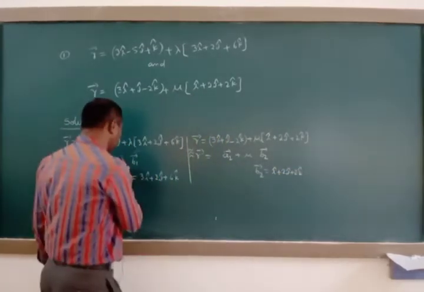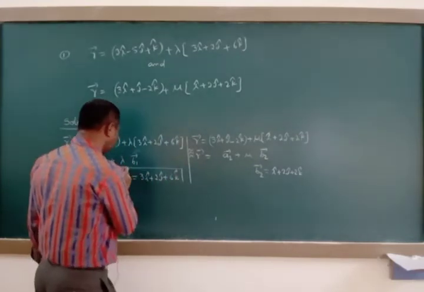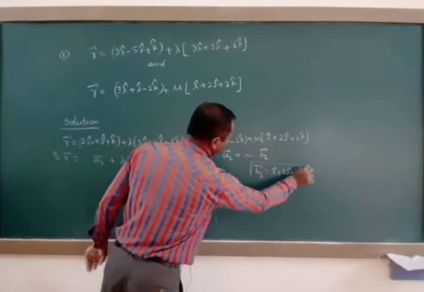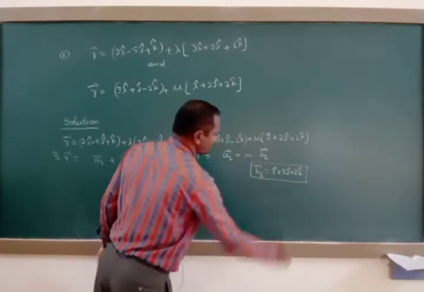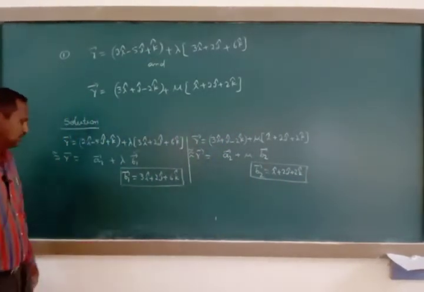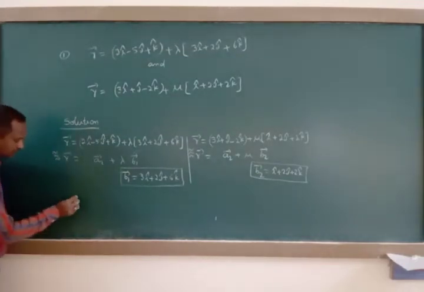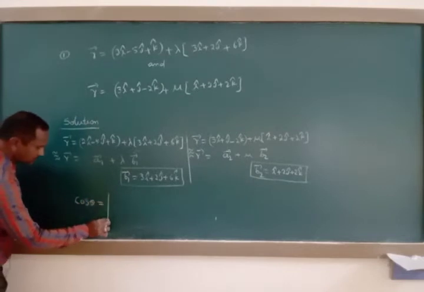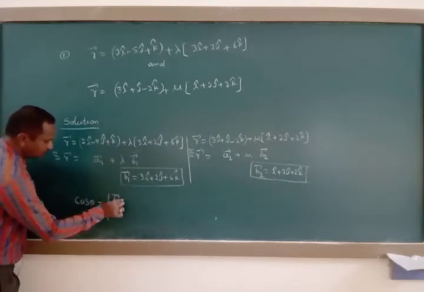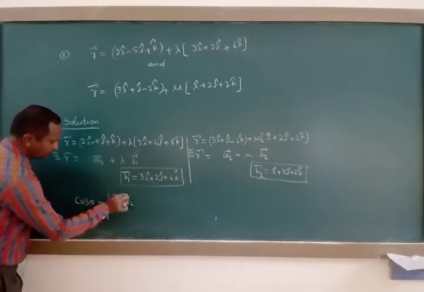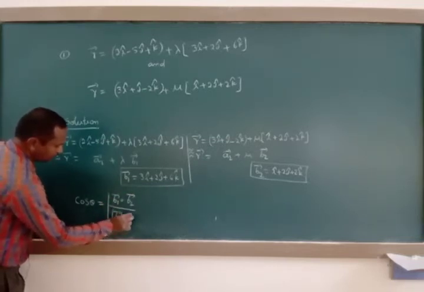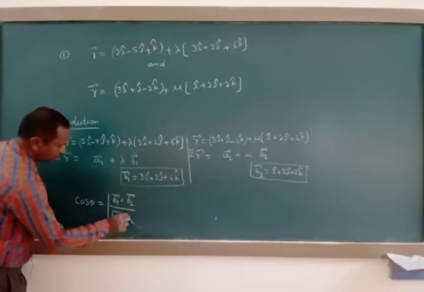With the help of these two vectors, we are going to find the cosine of the angle between the two lines. The cosine of the angle is given by cos theta equal to modulus of b1 vector dot b2 vector, whole divided by magnitude of b1 vector and magnitude of b2 vector.